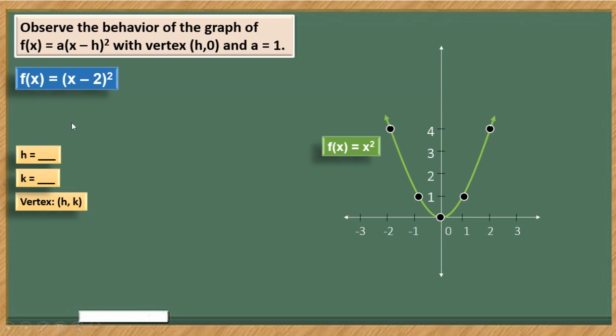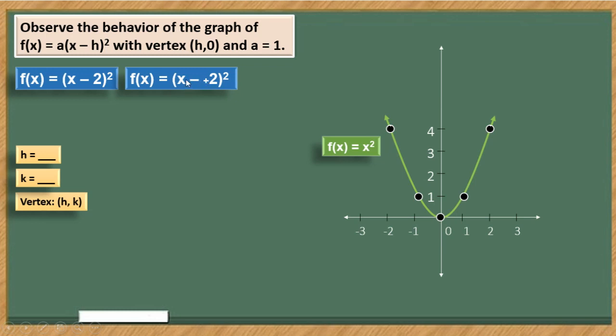Again, this formula can be written as, instead of the square of the difference of x and 2, we can also write this formula as the square of the difference of x and positive 2.